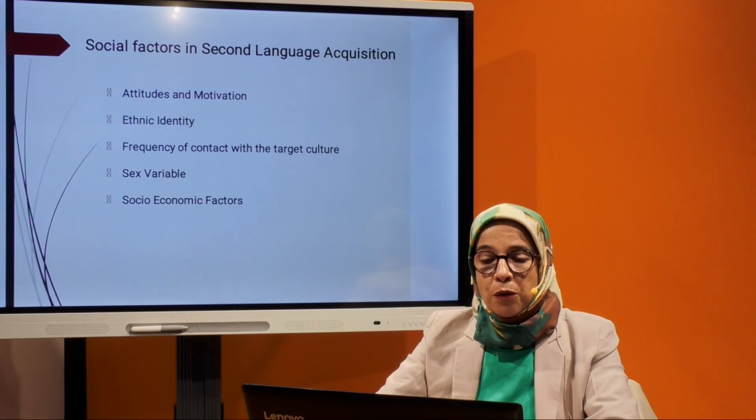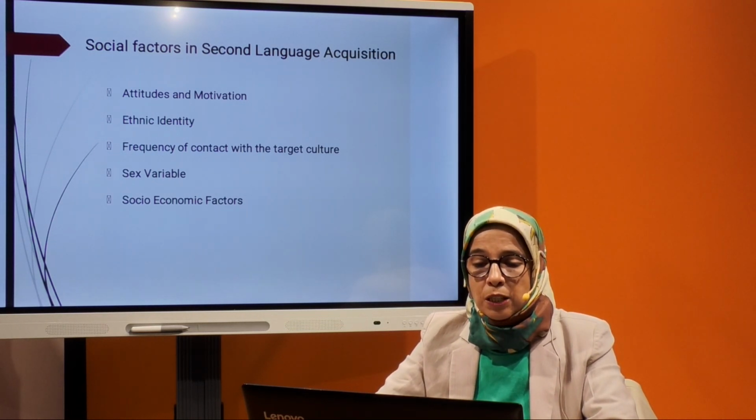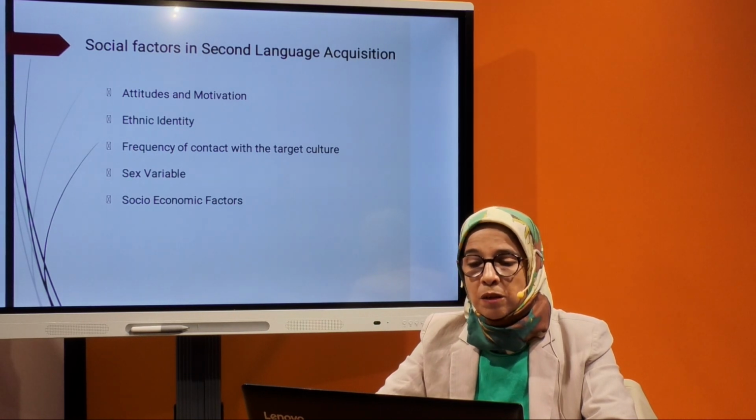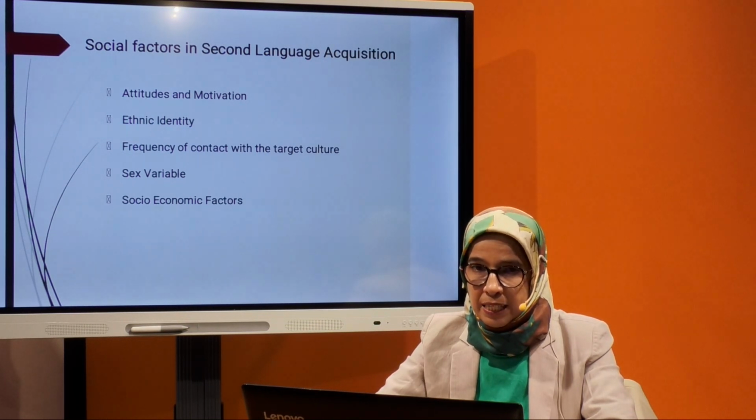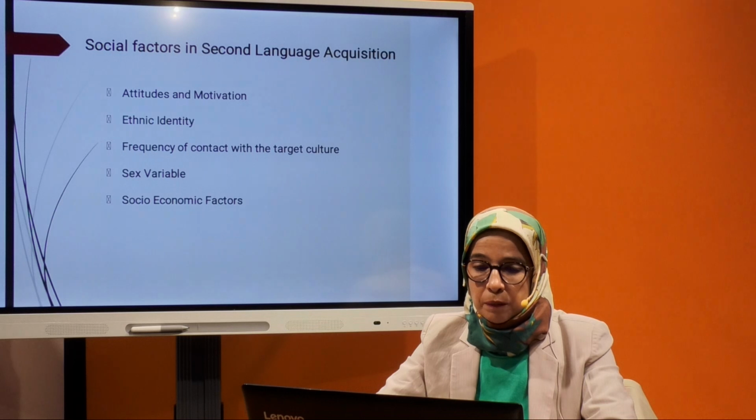So the role of attitudinal and motivational variables is recognized in almost all models of SLA, or second language acquisition.